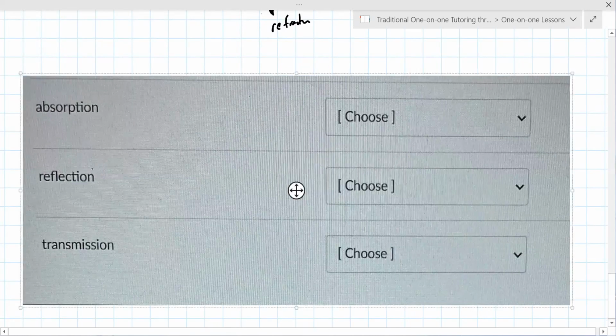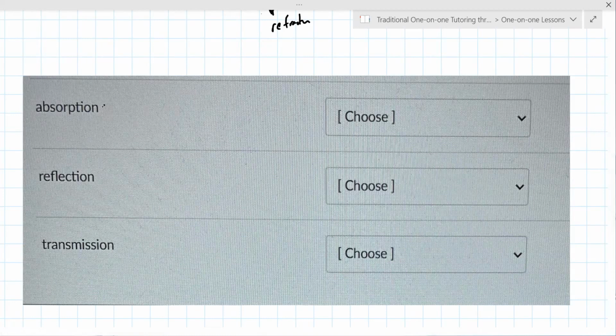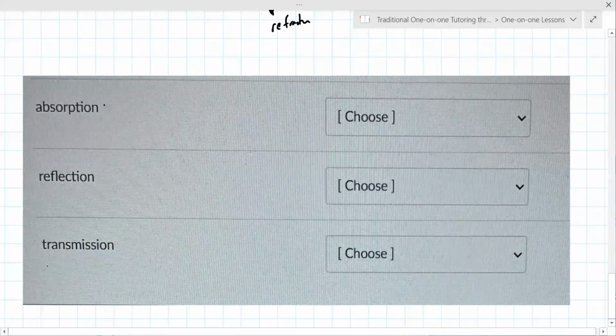To me, either reflection or absorption is the easiest to talk about first. Reflecting, like we think about reflection, means it goes opposite or bounces, and absorption means to, like, include or cover. And transmission is like sending.